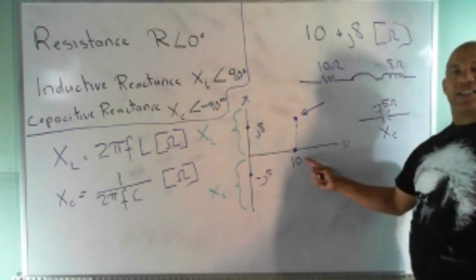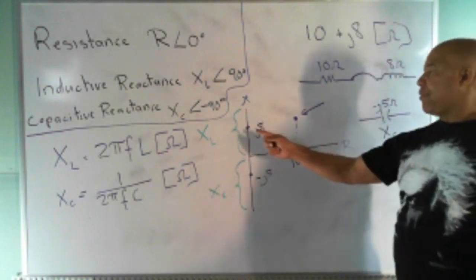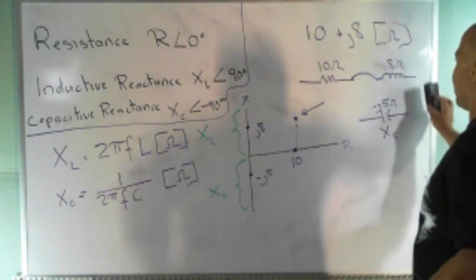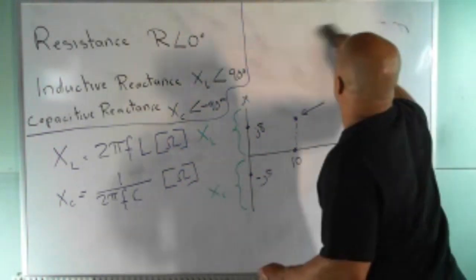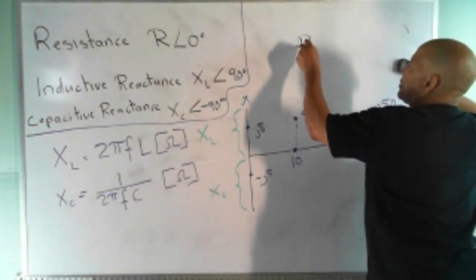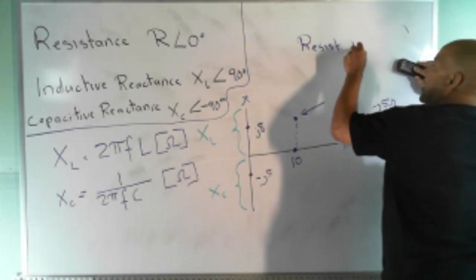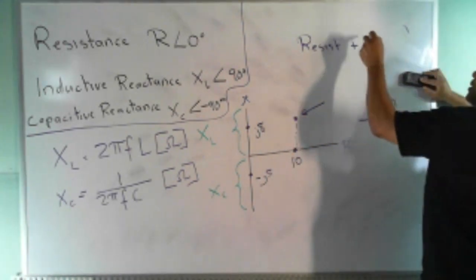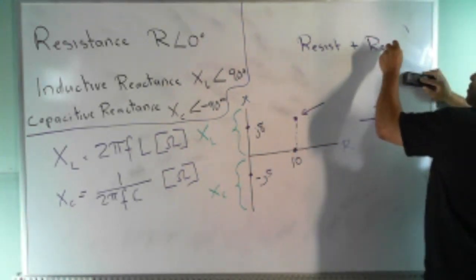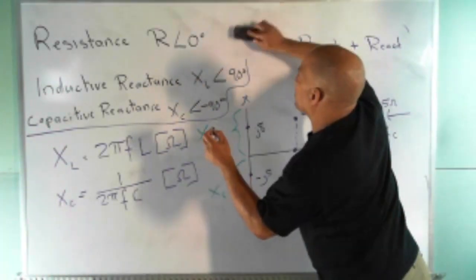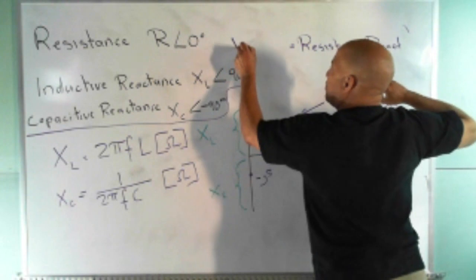So it's not purely resistance, and it's not purely reactance. What is it? Well, if you take resistance and you add to it reactance, you get another opposition called impedance.